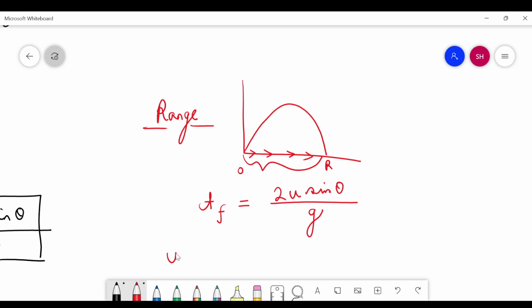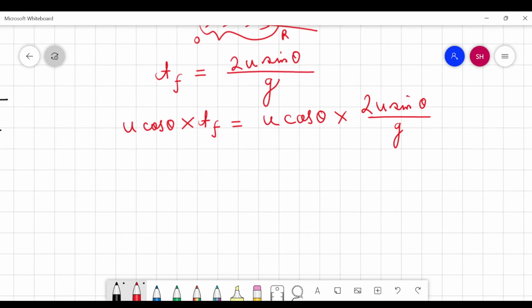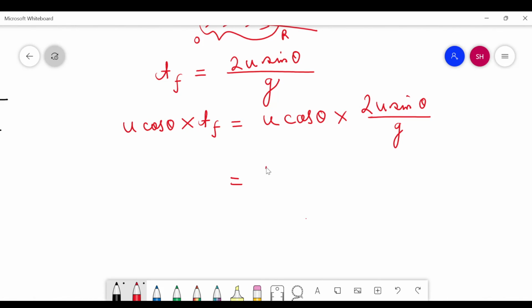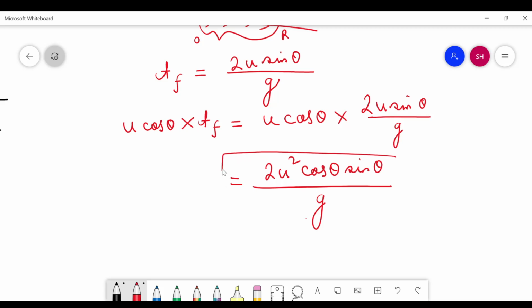So the range would be u cos theta, that is the velocity in the x direction, into the time of the flight. That would become u cos theta into 2u sine theta by g, which will just give us 2u square cos theta sine theta divided by g. This will be our range. If we know theta, u, and g, we will be able to calculate the range, how much distance it will cover.